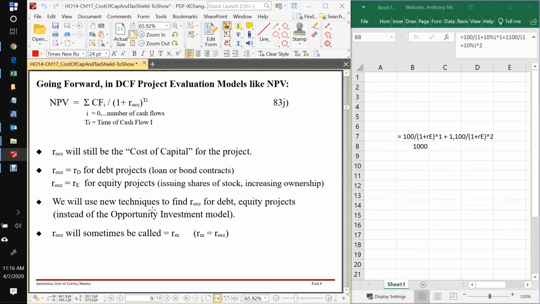And we're going to start using new techniques to find our opportunity cost of capital for debt and equity projects instead of using what we've used before, the opportunity investment model. Also, as was the case in previous chapters, our opportunity cost of capital will sometimes be called RM. RM stands for our market. So we just want to remember that.